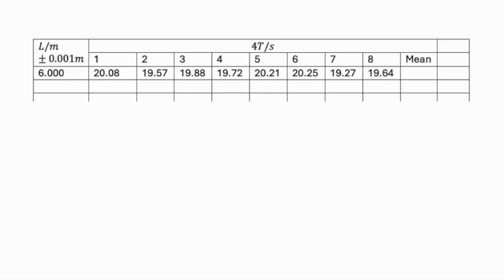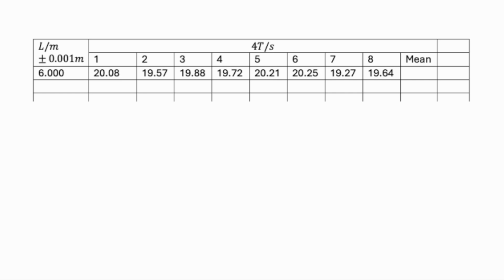So let's show that same example with a table of results. So here I've got a little bit of my table of results. I've got one value for length of my pendulum, and here are my results for 4t with their unit in seconds, and I've split that column into 8 subcolumns for the 8 repeats and then a space for the mean.